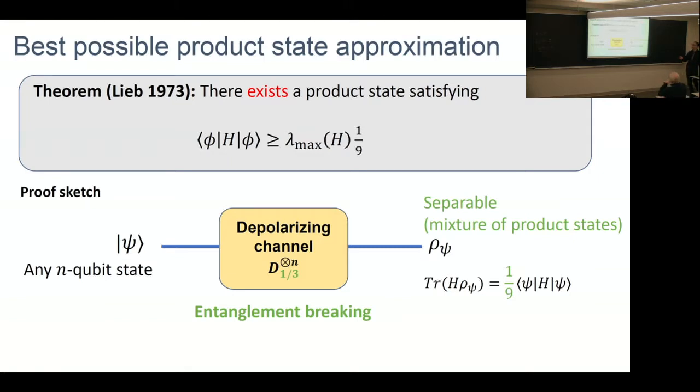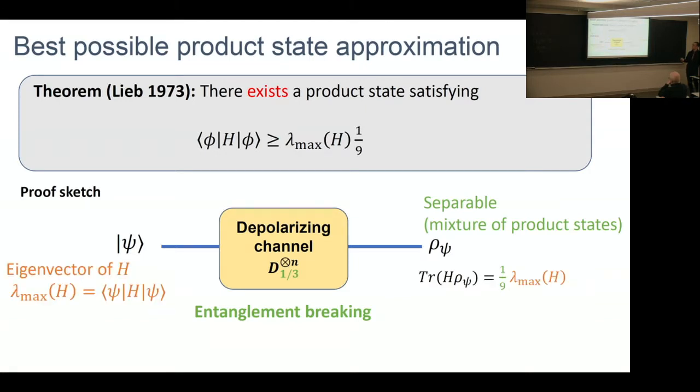Now we could have plugged in any state here, but of course we're going to plug in the maximum eigenvector to get a product state with 1/9 of the maximum. Okay, so this is a simple but maybe interesting argument.